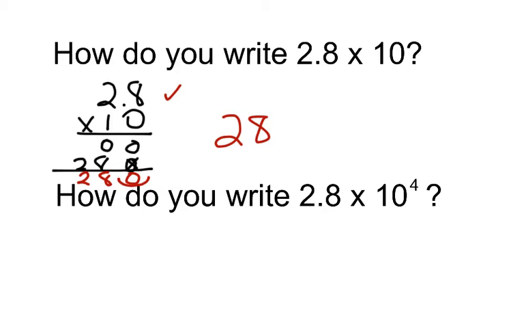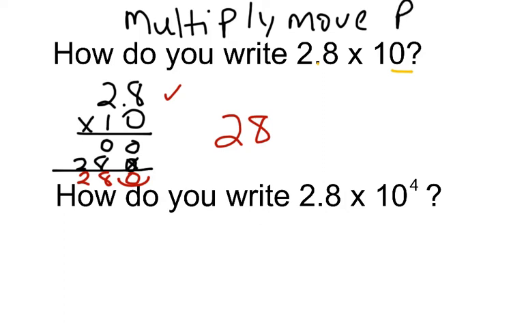Or there's a trick when multiplying by powers of 10. First, count the zeros. I have 10, which is another word for 10 to the first power, so that would be 1 zero. Start at the decimal. Now when multiplying, you move to your right, however many zeros you see.